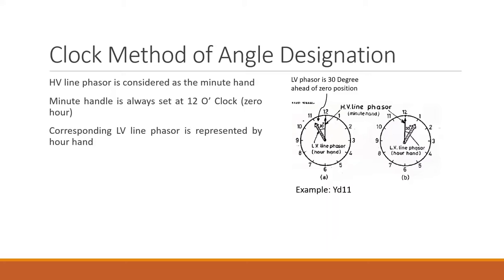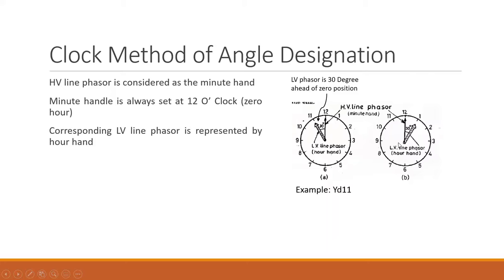So the minute hand will always be at 12 o'clock. You could see in this diagram a clock representation for YD11. You can see the HV line phasor is fixed at 12 o'clock or 0 o'clock.